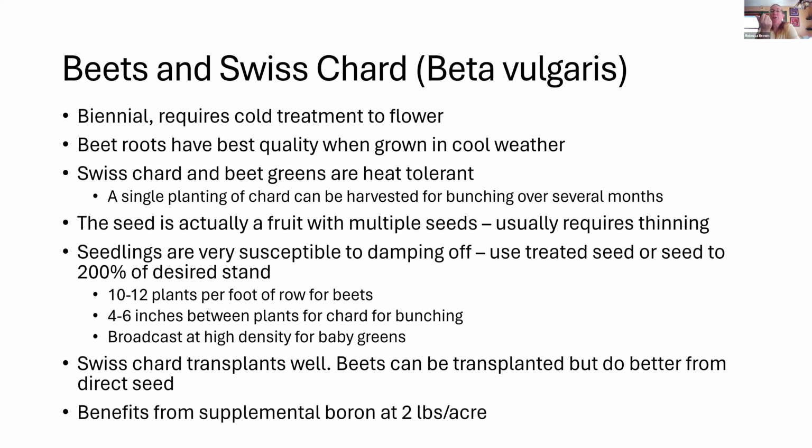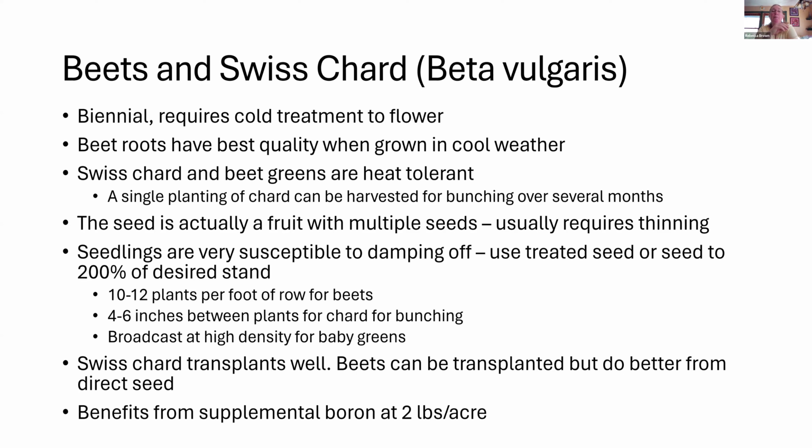A lot of growers do transplant them, particularly organic growers, because of the difficulties with poor emergence of the seed and also with weed control in the seedling stage. But you don't get a nice round root from a transplanted beet, really.